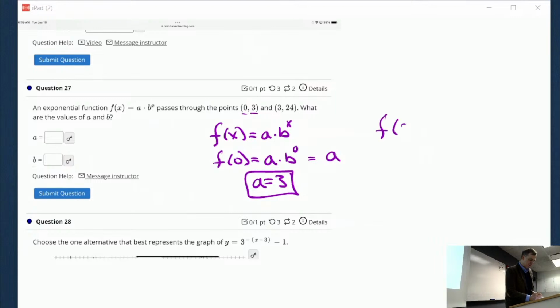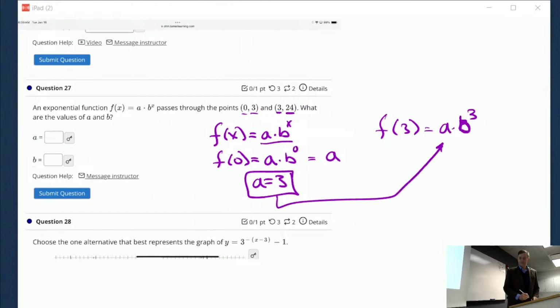f of 3, since this is 3, f of 3 has to be 24. So let's plug f of 3 into this expression. That's going to be A times b to the third. But I already know what A is. A is 3, so that's going to be 3 times b to the third.